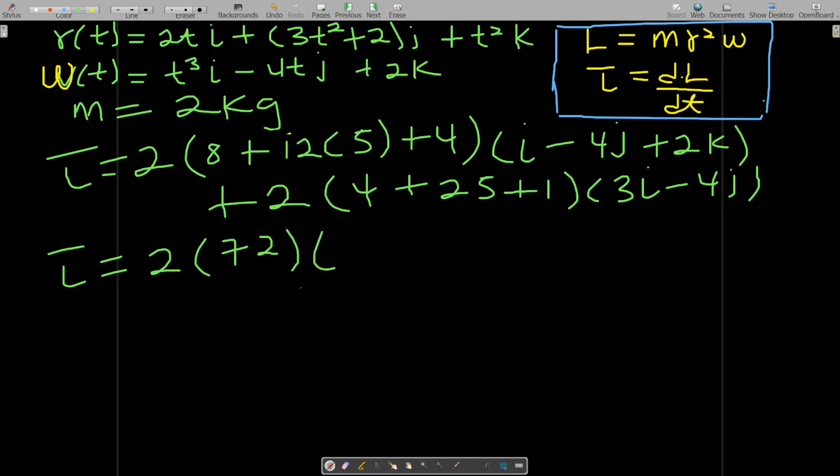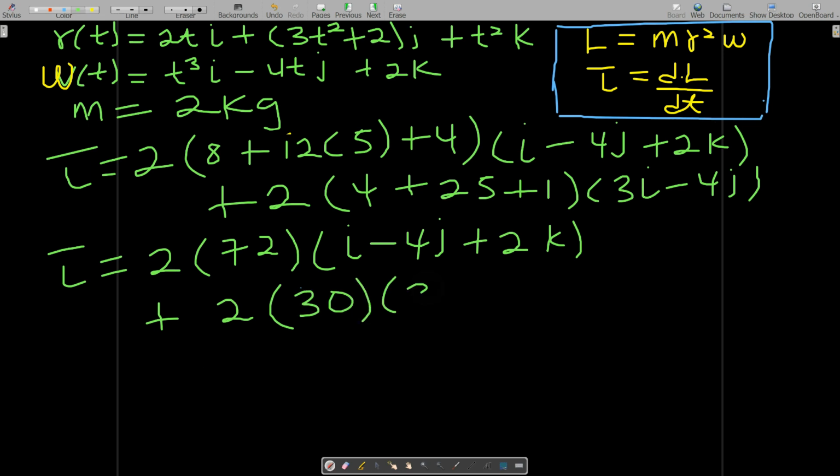Then i minus 4j plus 2k, or plus 2 into 4 plus 25 plus 1, which is 30, into 3i minus 4j.